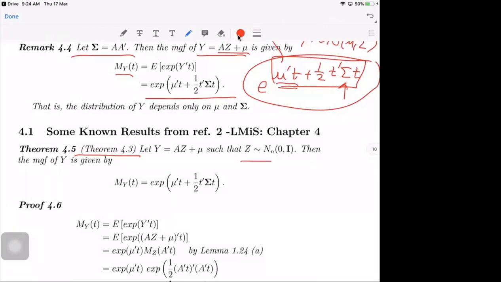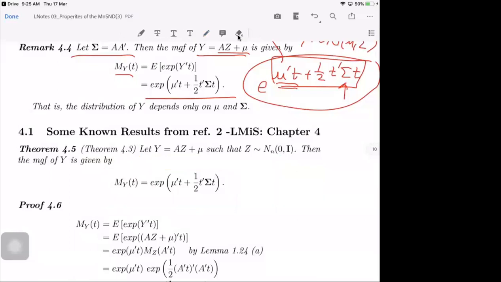So if we have a standard normal Z, which is normally distributed with mean vector 0 and covariance the identity matrix, then for any transformation on Z which looks like Y, that is AZ plus mu, the moment generating function of Y is given by the exponential of mu prime t plus 1/2 t prime sigma t.